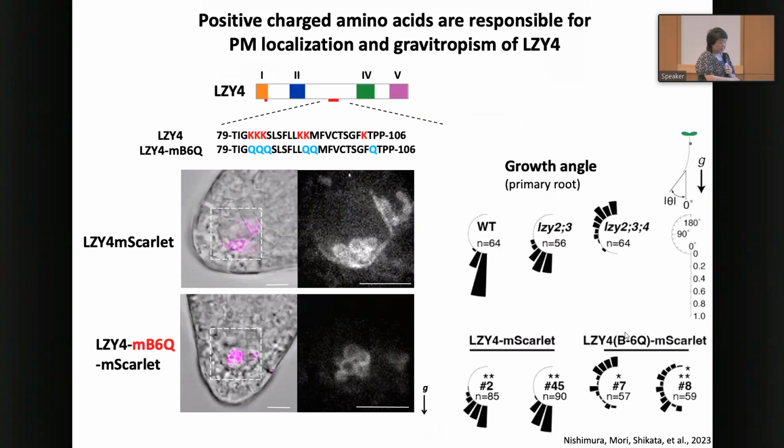So when positively charged amino acids in the region with a high BH score were substituted with glutamine, as shown here, only the plasma membrane localization disappeared. And the mutated LZY4 cannot rescue the triple mutant phenotype.